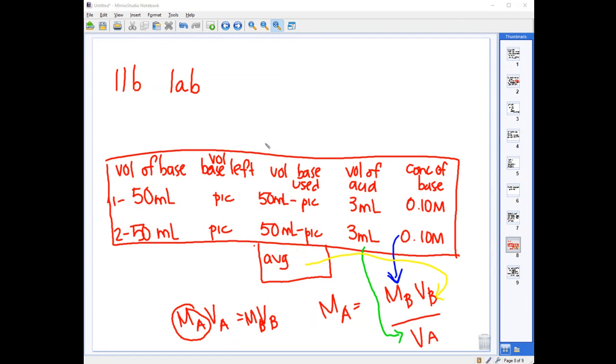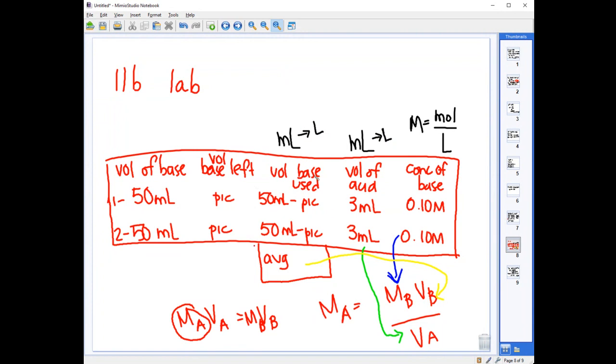Okay, this volume is in milliliters. This volume is in milliliters, but mole here, remember, is in mole per liter. Okay, mole per liter. So you're going to have to convert these volumes to liters.